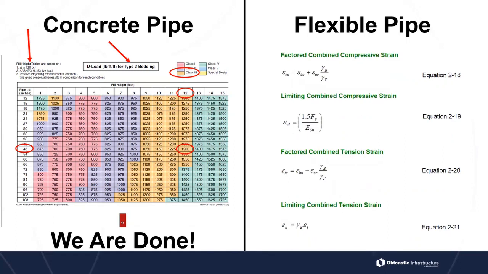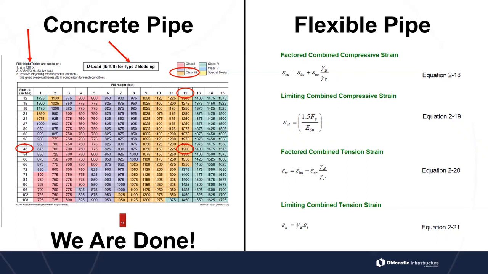Now, you can also use all of those strains to calculate these last four equations: your factored combined compressive strain, your limiting combined compressive strain, your factored combined tension strain, and your limiting combined tension strain. These are the 21 equations that you need to use to go through section 2 of the structural manual.